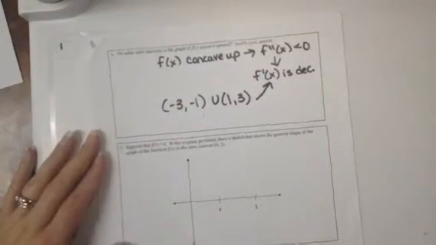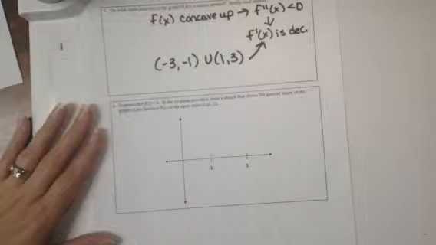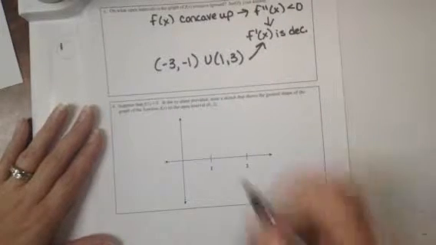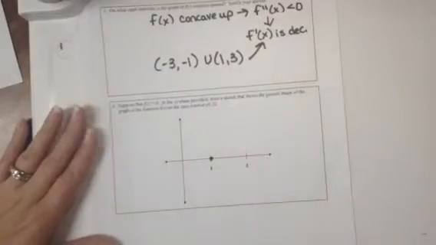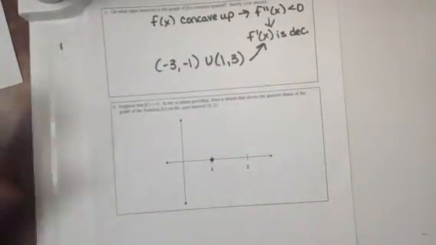All right, now D says, suppose that f of 1 equals 0. Draw a sketch that shows the general shape of the graph of the function f of x on the open interval from 0 to 2. So we know that f of 1 is 0, so I'm going to go ahead and mark it. I'm trying to graph f of x.